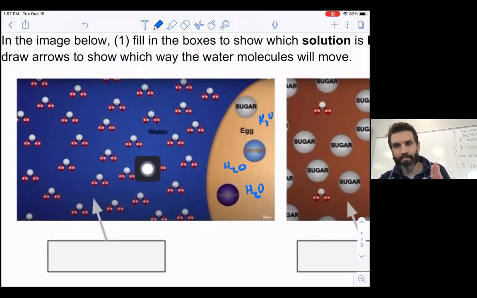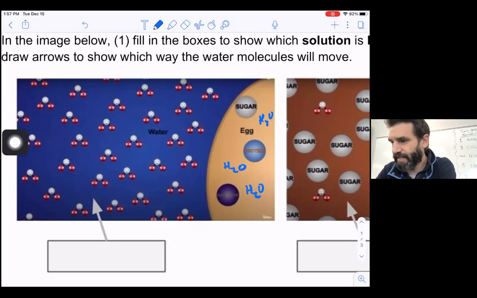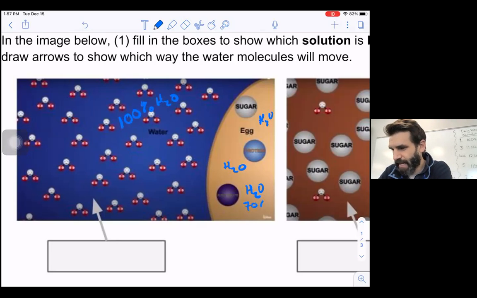And it's not way more as far as total volume, but the concentration, there's no solute out here. This is 100% H2O. And this might only be 70% H2O in here. In this case, water wants to even itself out, wants to even out its concentration. So water is going to move into the egg here.